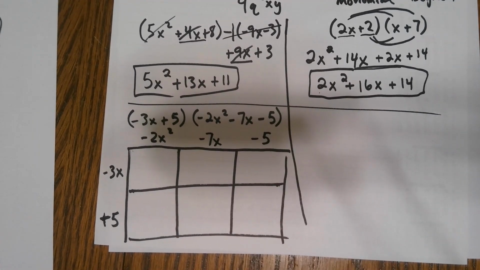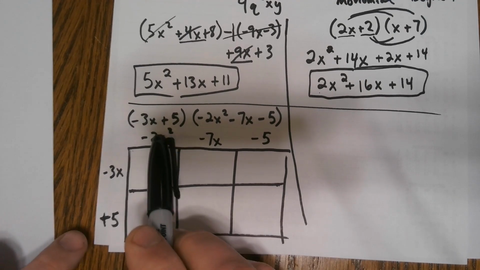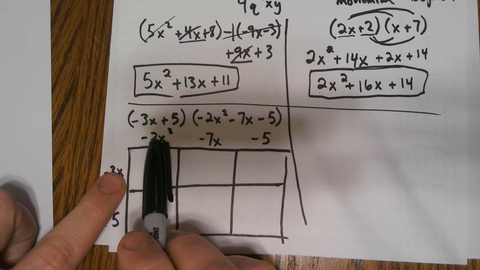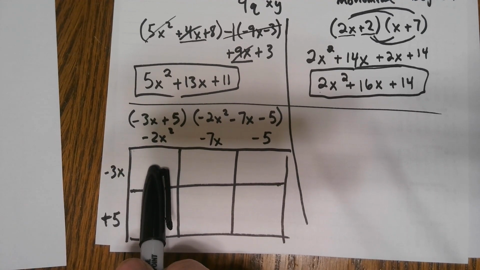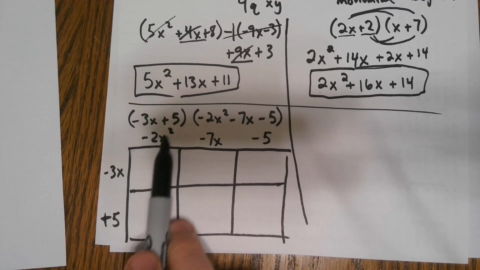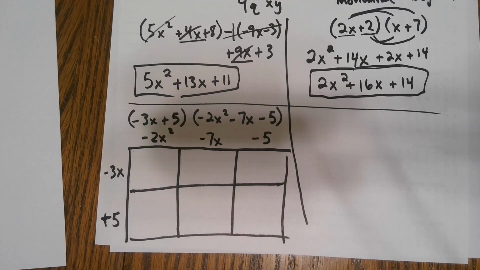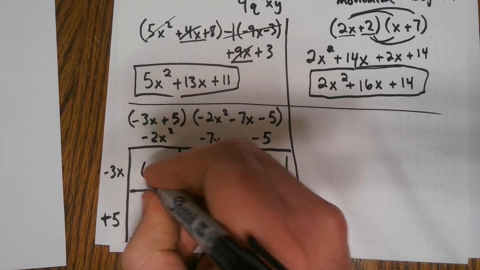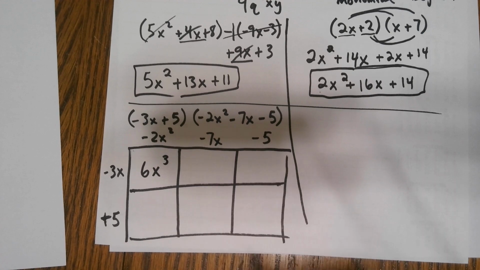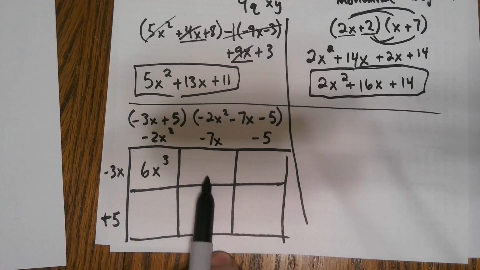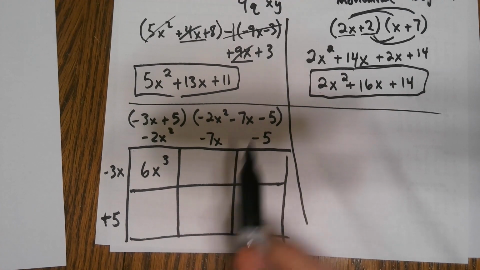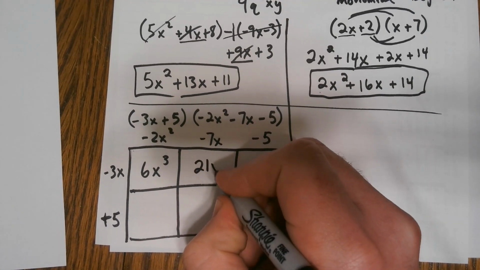And then from here, again, I'm just multiplying. So I'm going to multiply this times these two things together to make this box. So I have negative 2x squared times negative 3x. That's just positive 6x cubed. And then I'm going to take negative 3x times negative 7x. And I get 21x squared.